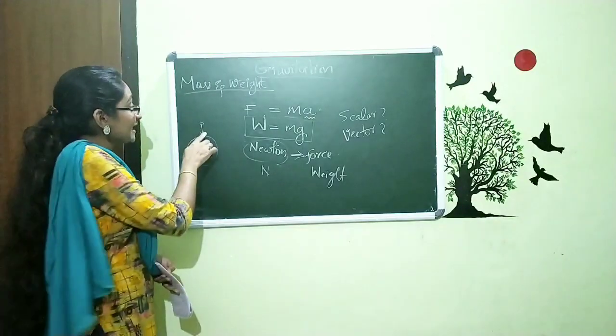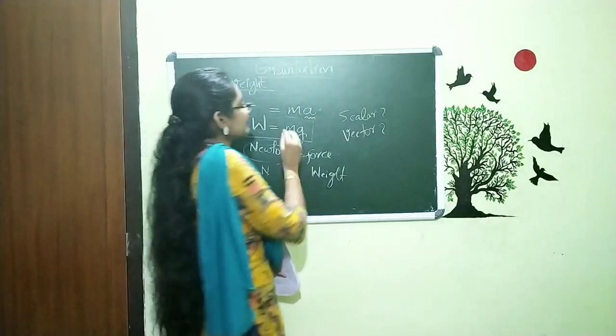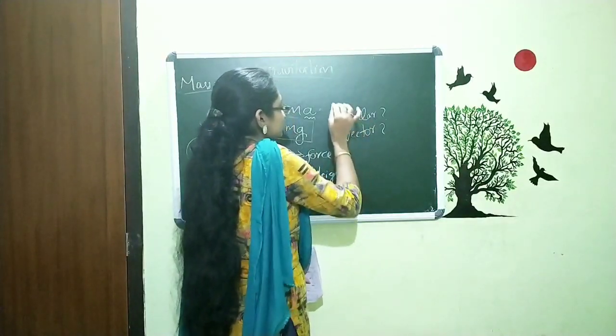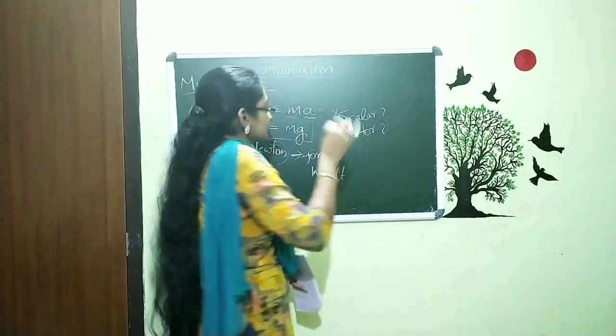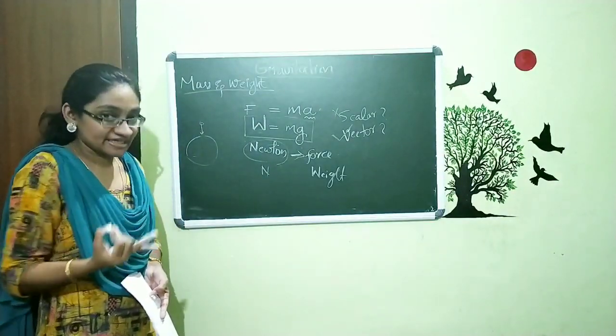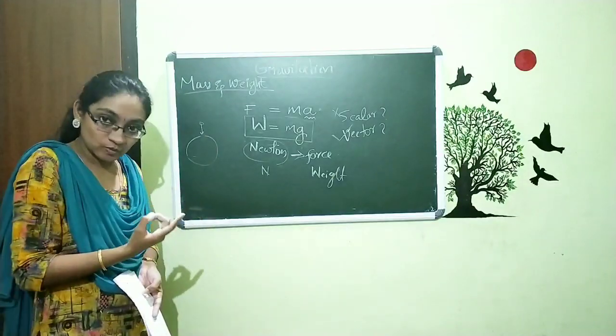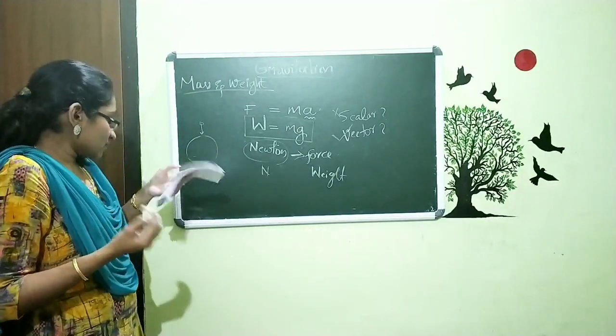So here it has direction. So obviously we can say this weight is a vector, not a scalar, because weight has magnitude and also direction. So we can say weight is a vector quantity. This is all about this.